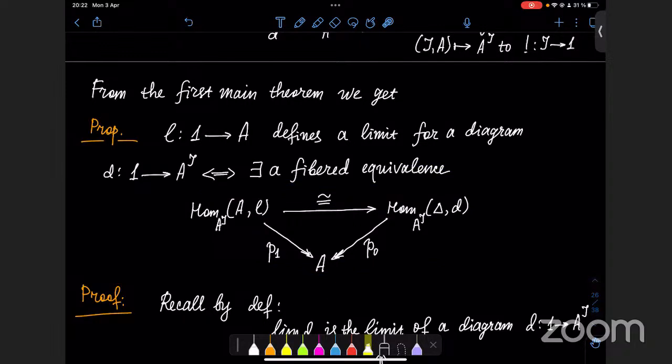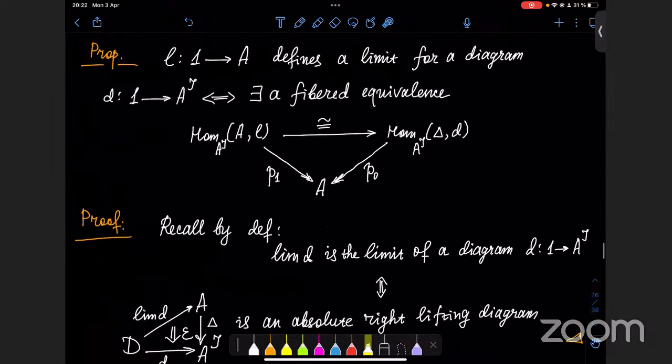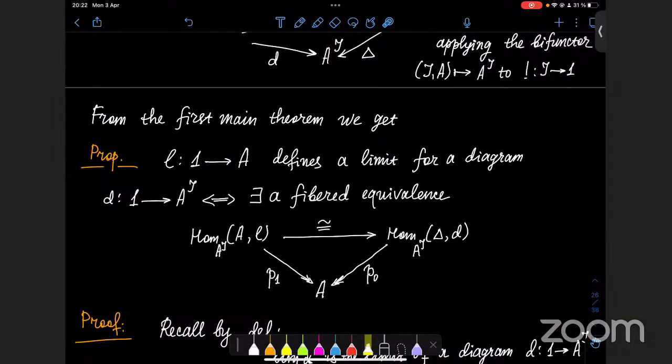Recall that we know the definition of the notion of limits in terms of absolute left lifting diagrams, but also we can convert this definition via the following comma infinity categorical notion.